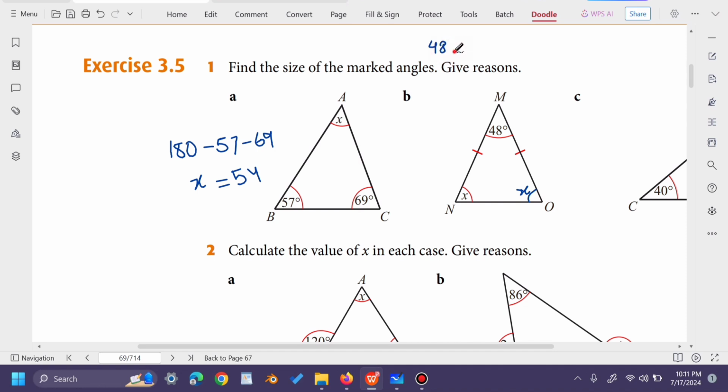48 plus x plus x should be equal to 180 degrees. So 48 plus 2x is going to be 180 degrees.